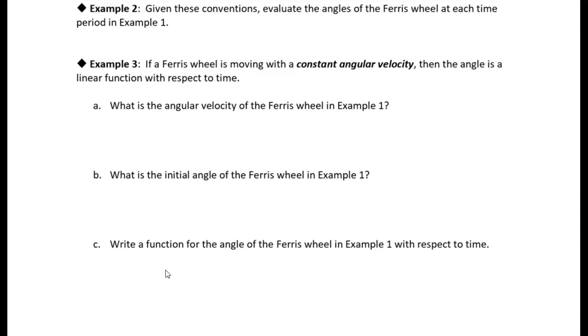A Ferris wheel would usually move at a constant angular velocity, and then the angle would be a linear function of time. Angular velocity, sometimes called omega, is just the change in the angle over the change in time. We're moving 90 degrees every 15 seconds, so our angular velocity is 6 degrees per second.